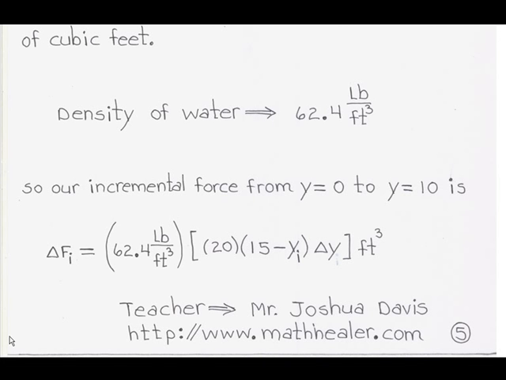So our incremental force from Y equals 0 to Y equals 10, delta F sub I, is equal to 62.4 pounds per cubic foot times 20 times 15 minus Y sub I times delta Y cubic feet.